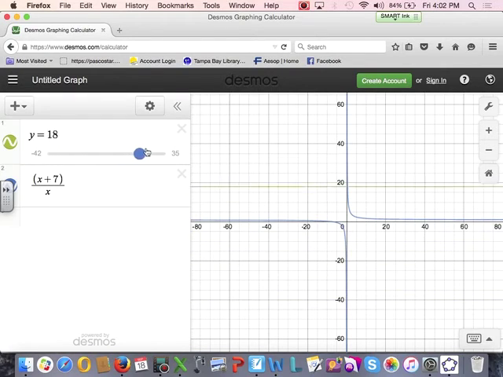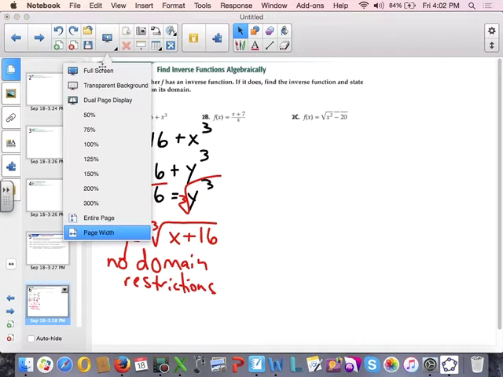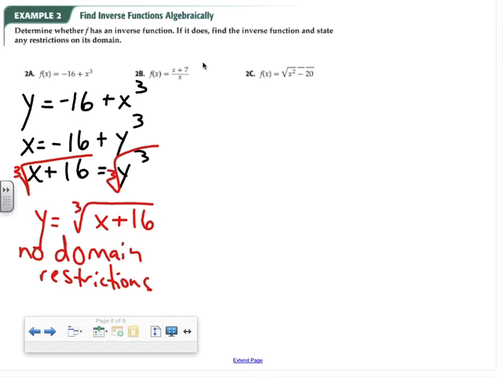Notice how it does pass the horizontal line test. So this function has an inverse function.